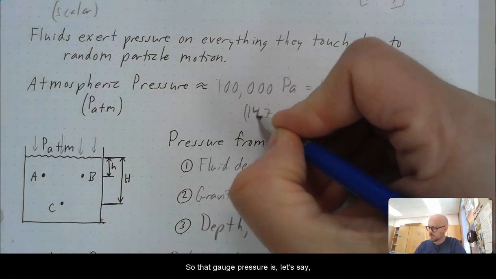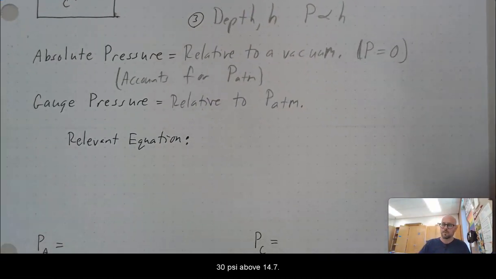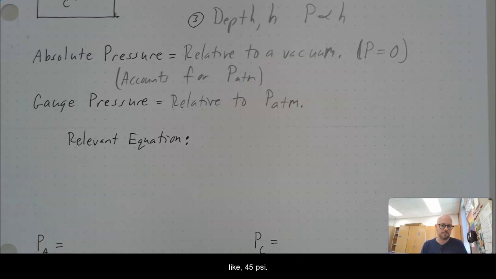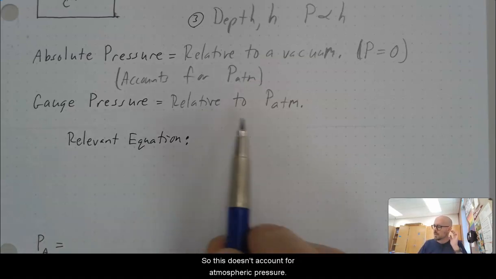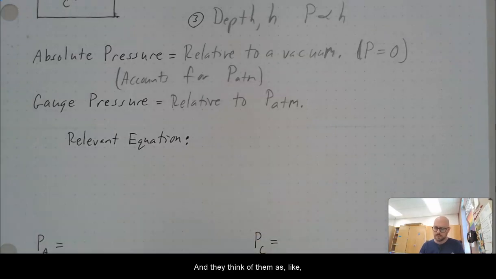So that gauge pressure is, let's say, 30 psi above 14.7. So the absolute pressure of your tires is on the order of 45 psi. So gauge pressure doesn't account for atmospheric pressure, and so these tend to be smaller, and think of them as local pressures.